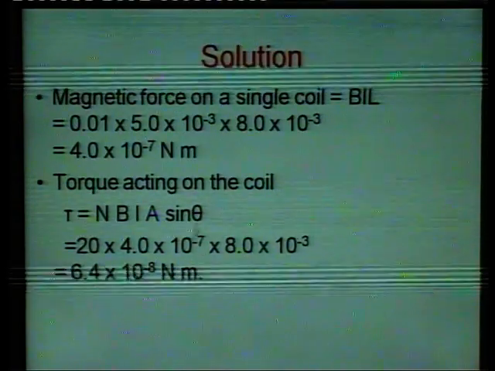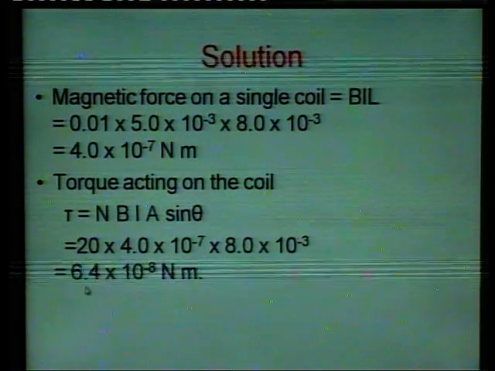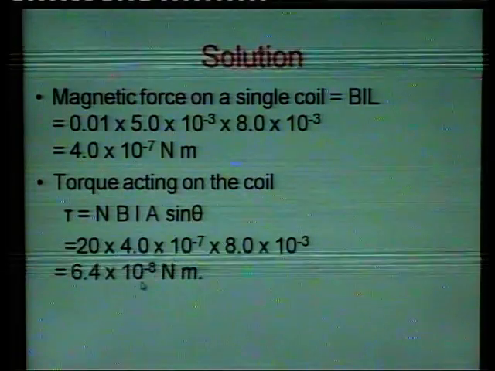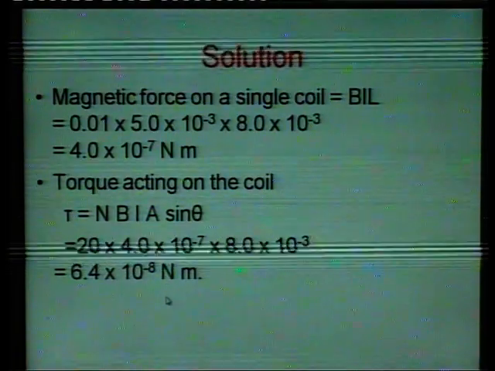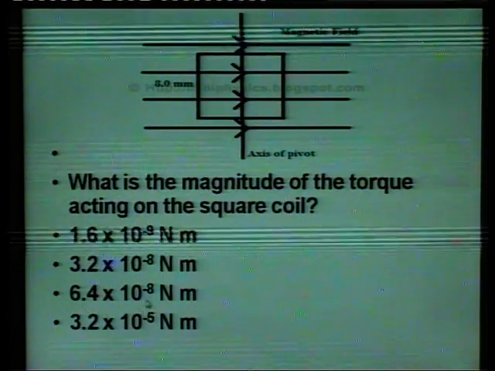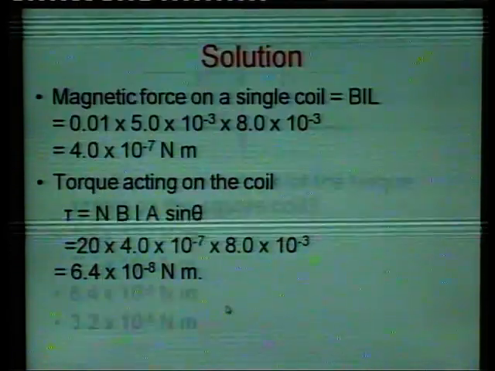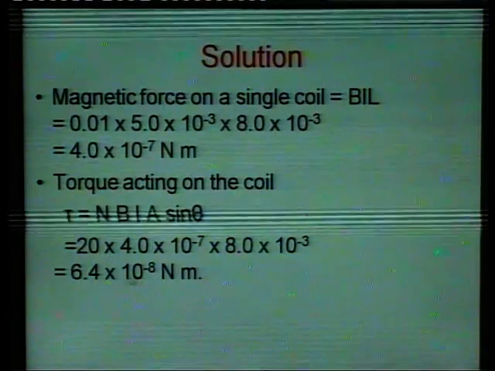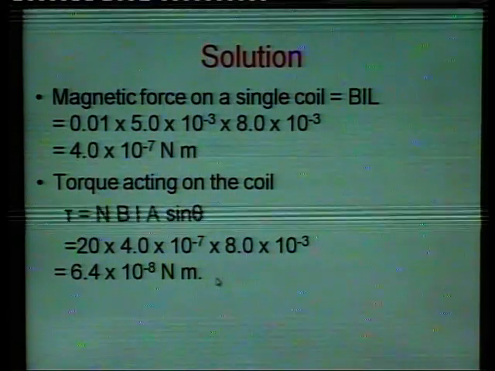So substituting these values, the value of torque comes out to be 6.4 into 10 raised to the power minus 8 Newton meter. So the third option is right, 6.4 into 10 to the power minus 8 Newton meter.